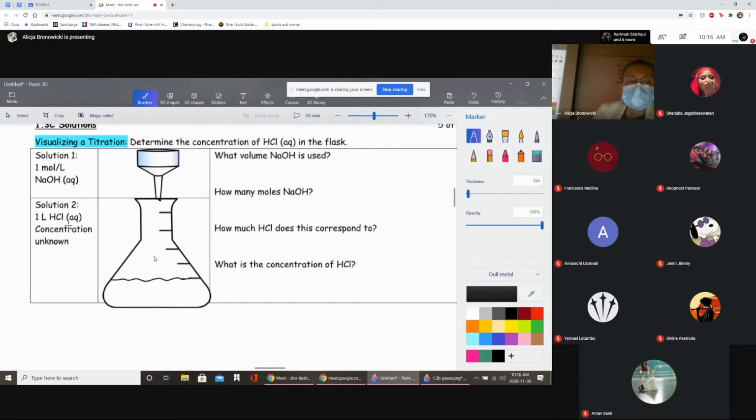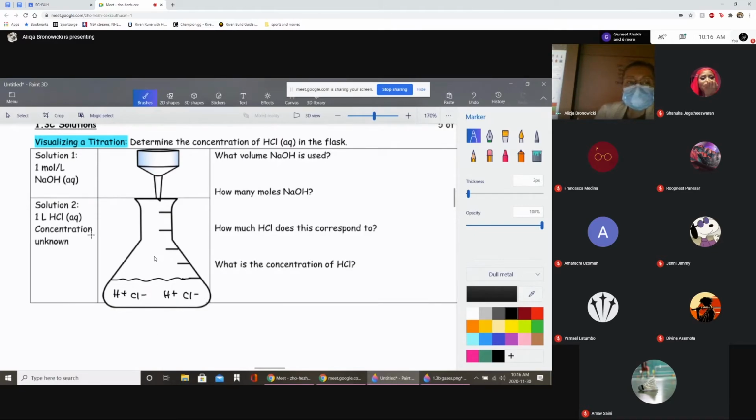HCl(aq). How will that look? It's dissolved, right? So what's your HCl going to become in the water? It's going to be H+ Cl-, H+ Cl-.